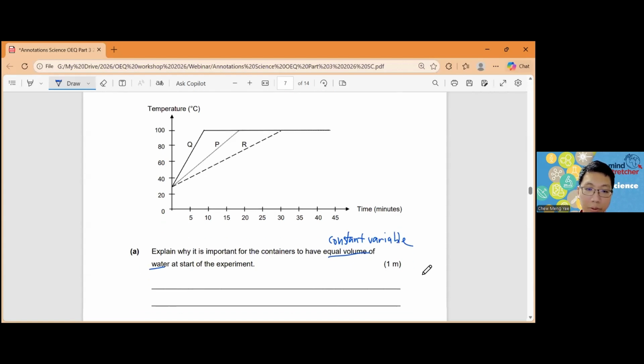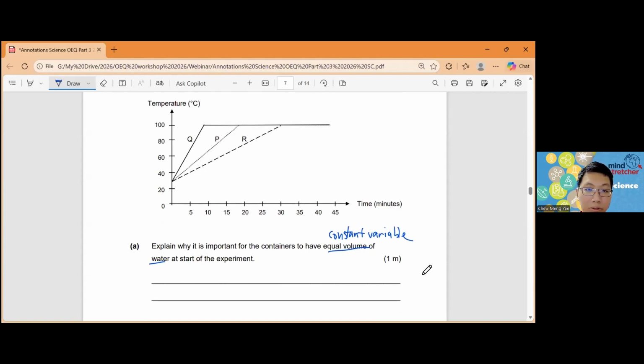So what do you think this question is about? Yes, fair test. This question is about fair test. When they talk about why they keep one of the variables constant, equal, the same, then it's about constant variable, which is linked to your fair test.